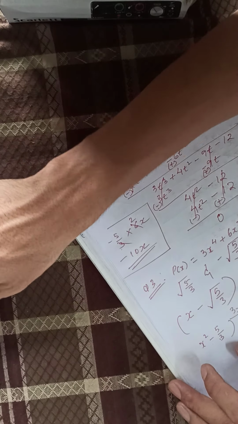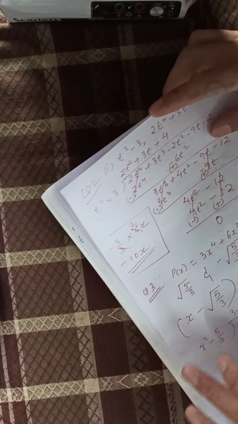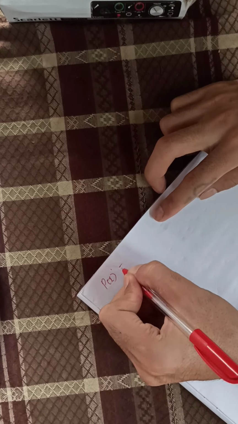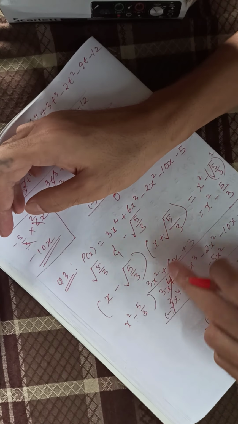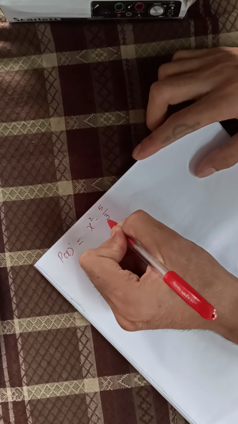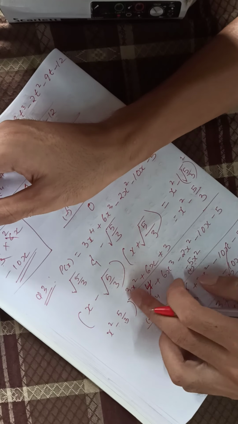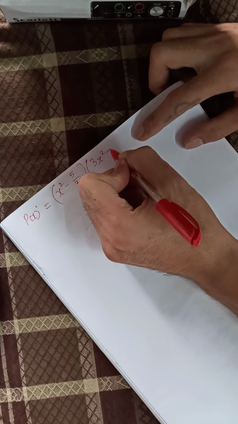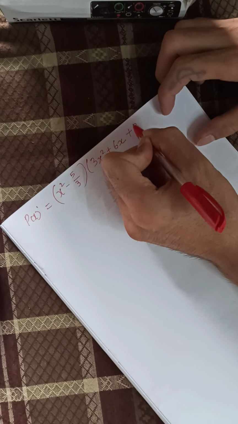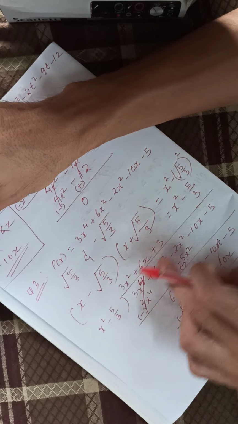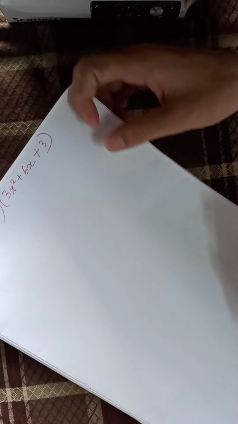That means P(x) is equal to this into this: (x squared minus 5/3) into (3x squared plus 6x plus 3). This into this will give us P(x). That's what we are doing here.